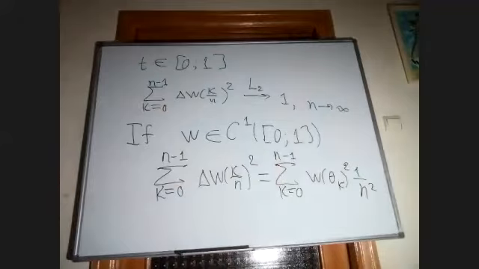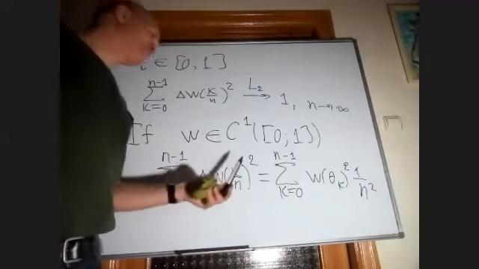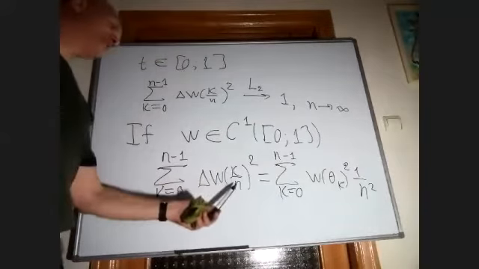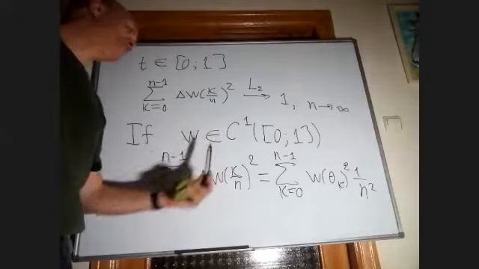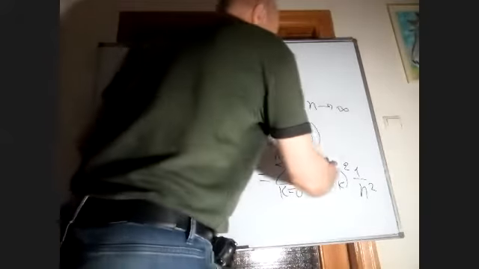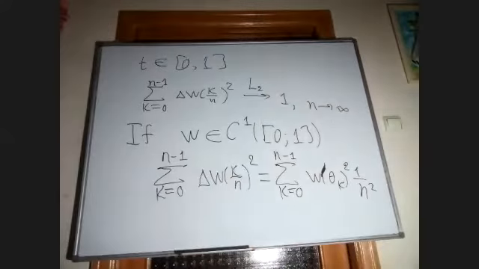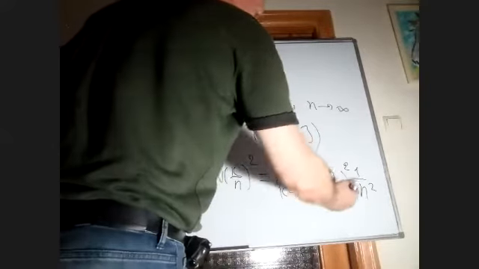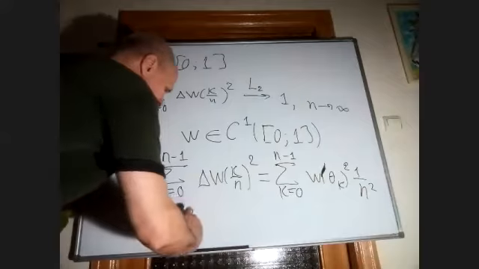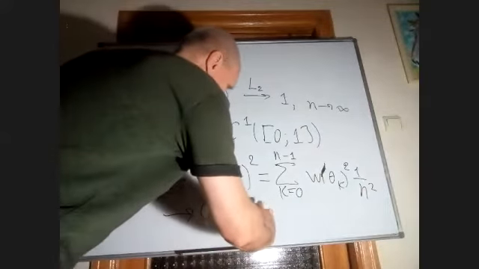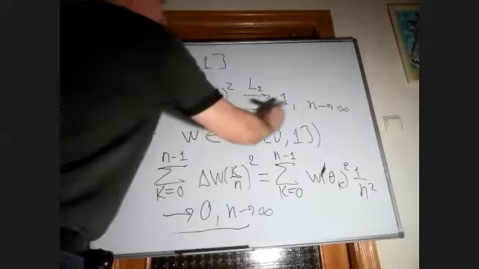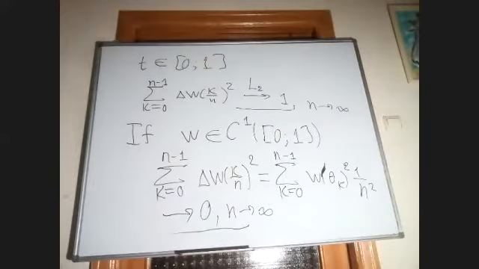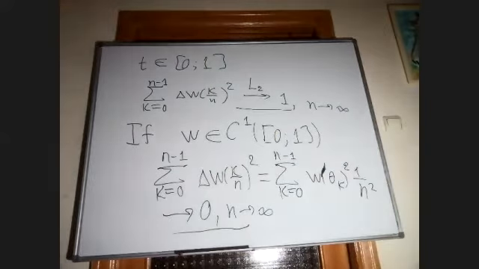What I did was apply the Lagrange theorem to any interval k over n, k plus 1 over n, for a continuously differentiable function, so just the derivative. Then what will happen? This sum will go to 0 as n tends to infinity. This is a contradiction with this. So one can understand that W has no continuous derivative.